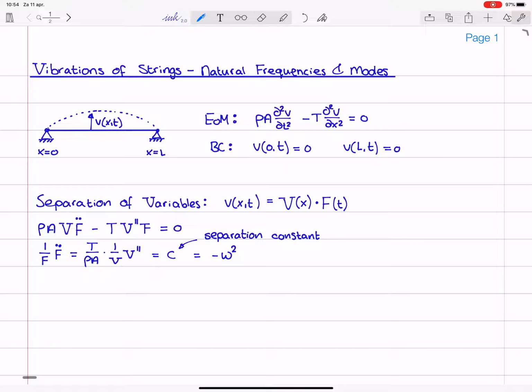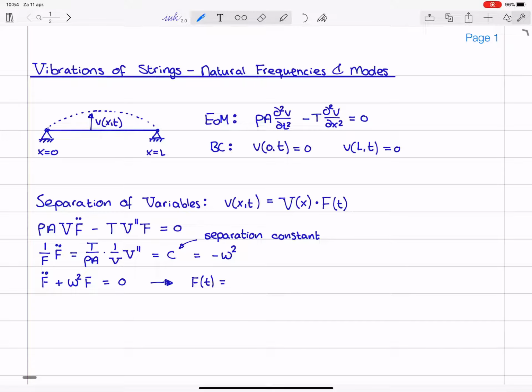So if I now focus on the time part of the equation only, I'll multiply both sides of the equation by f and take everything to the left. And then we have f double dot plus omega squared times f is equal to 0. Well, this is now an ordinary differential equation in time, of which the solution is very familiar to us because it's what we have obtained in analysis of single degree of freedom systems before.